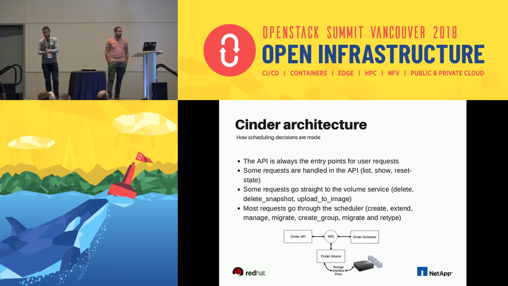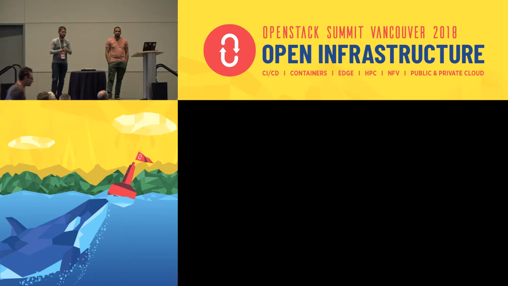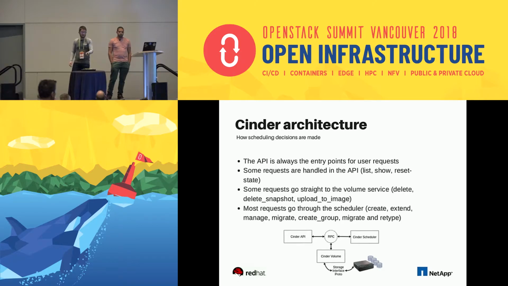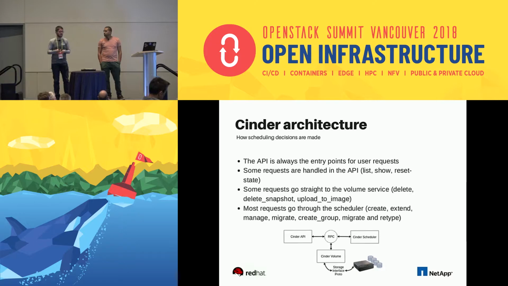Some other type of requests go directly from the API to the volume service. So for example, if your request already knows which pool will handle it, for example, delete a volume, delete a snapshot, it already knows which pool has this volume to be deleted or the snapshot to be deleted.